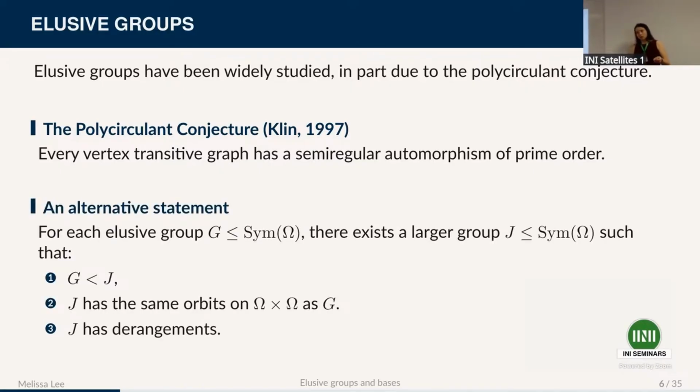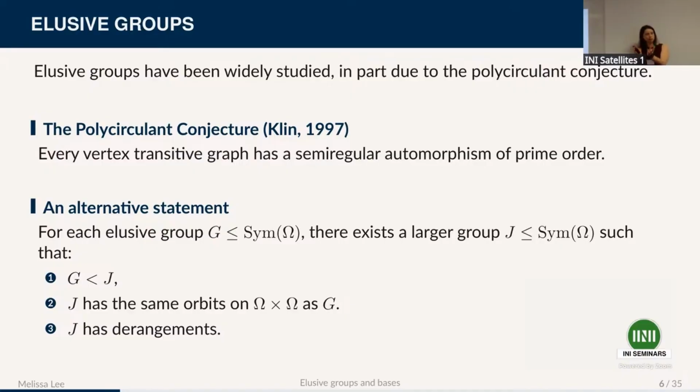Okay. So the polycircular conjecture can be restated as the following. If you've got an elusive group, say it's acting on a set omega, then you can always find a larger group J that contains that elusive group, such that you've got the same orbits on this direct product, omega cross omega, as your original elusive group G, but J has derangements.